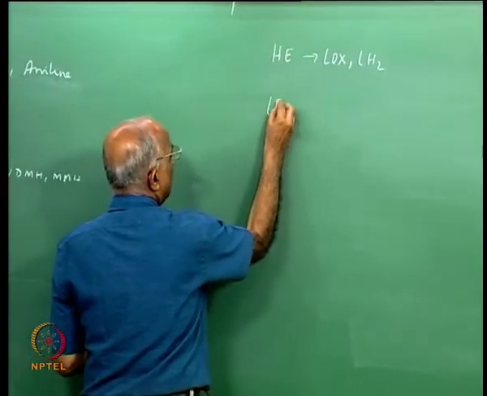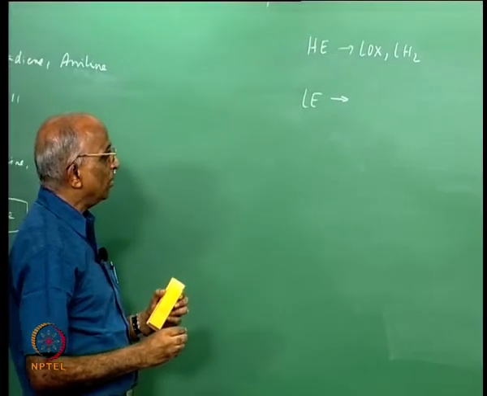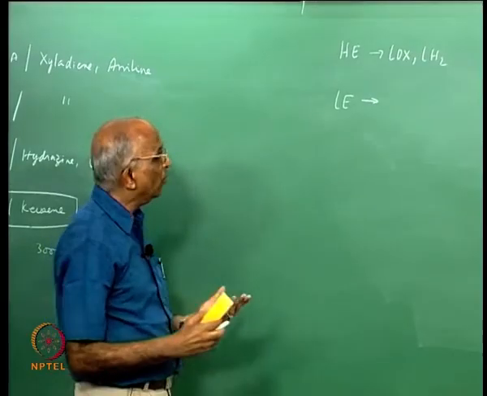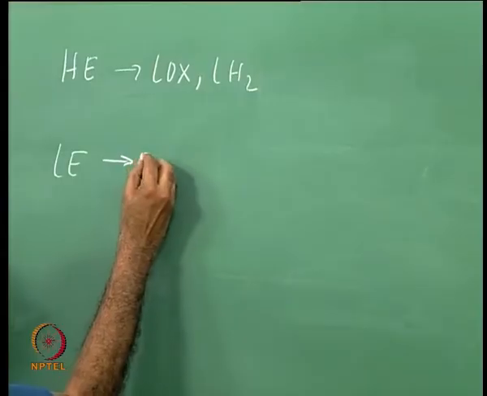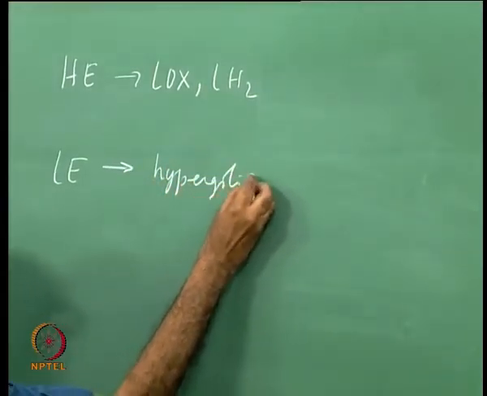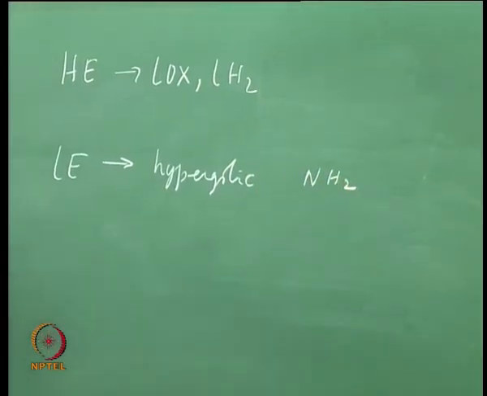The low energy propellants are things which are storable. Many of them are storable in space with little modifications like MON3 instead of N2O4 or MON25 instead of N2O4, and these are essentially, we said, hypergolic whenever you have the fuel which contains the amine radical in it.